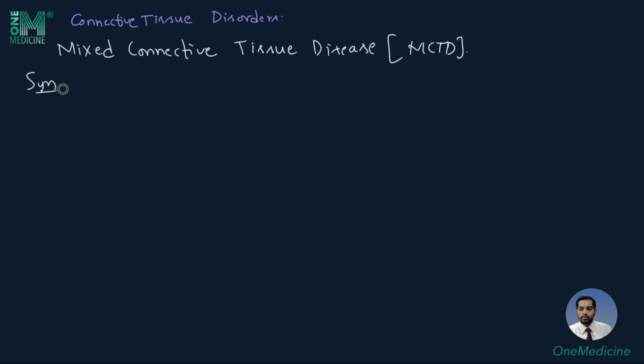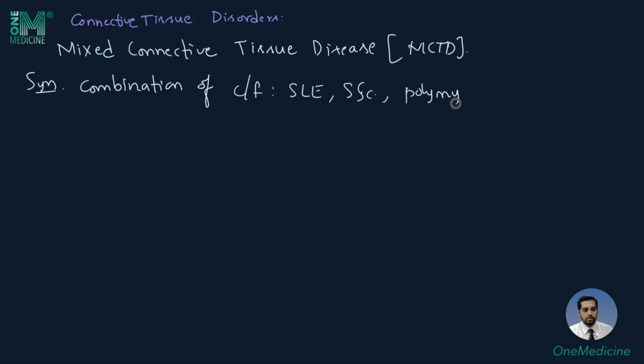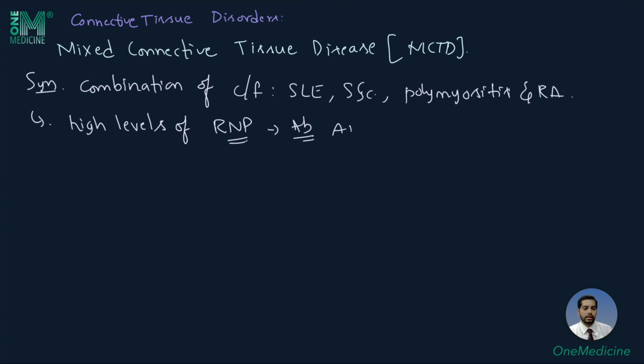This is a syndrome characterized by a combination of clinical features similar to those of systemic lupus erythematosus, systemic sclerosis, polymyositis, and rheumatoid arthritis. Characteristically, these patients are known to have high circulating levels of RNP, that is ribonucleoprotein antibody, and high ANA titers.